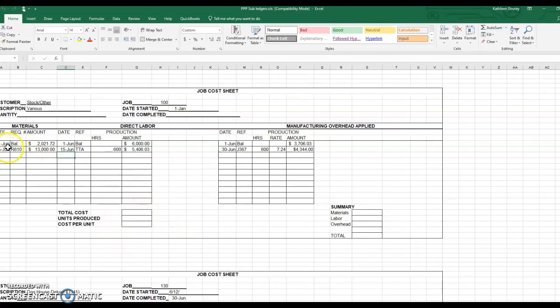Here's the balance from May of direct materials, $2,021.72, that we've put onto this particular job. Now on June the 5th, we put in the date, the requisition number, R610, and that was $13,000.